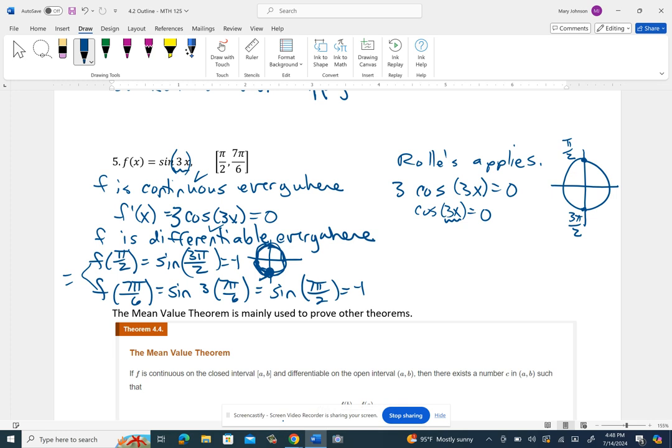So we know that 3x would wind up equaling pi over 2, but then you could wrap from pi over 2, you could add pi, so this much. You could add pi or subtract pi and get to another angle that would have a cosine of 0. So we're going to add any integer multiple of pi to that.